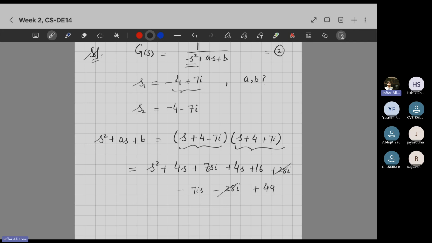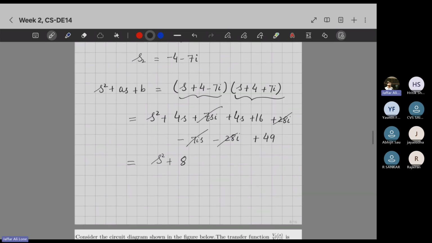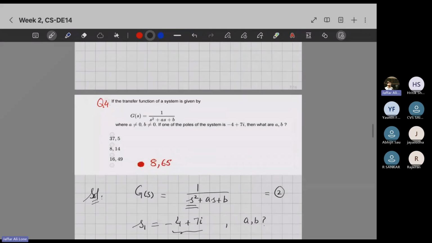The imaginary terms cancel. So we have s square plus 8s plus 65, where 49 plus 16 is 65. Now we compare this with s square plus as plus b. So our a is 8 and our b is 65. So this is the correct answer.